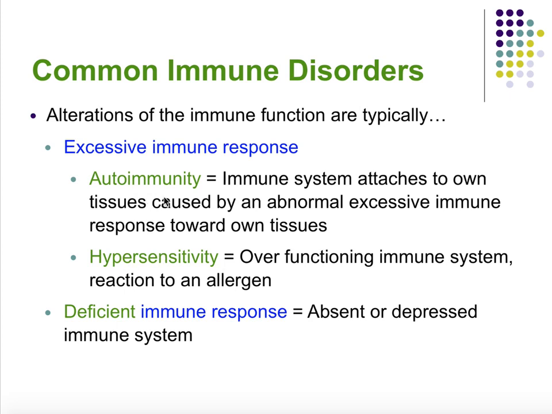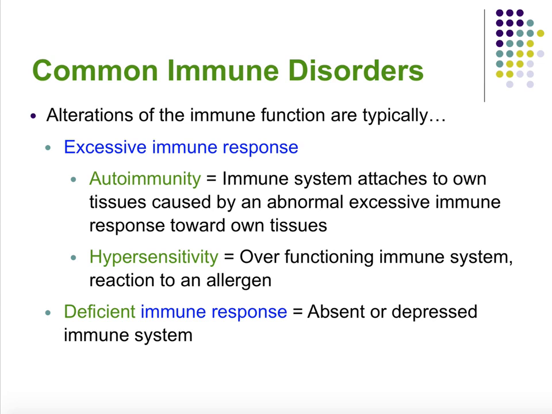In autoimmunity, the immune system attacks our own tissues, causing an abnormally excessive immune response toward that tissue, and essentially we start to destroy our own tissues. In hypersensitivity, we have an overfunctioning of the immune system. This is an example of an allergic reaction, a response to an allergen. And then we have our deficient immune response. This is where our immune system is depressed, doesn't work as well, or is completely absent.